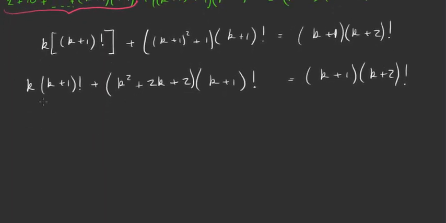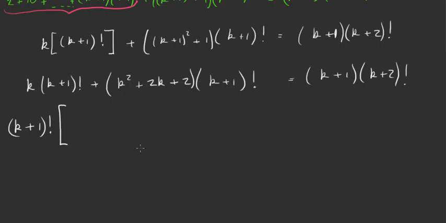Now, if you look at this term here and this big term here, we've got a (k plus 1) factorial here, we've got a (k plus 1) factorial here. So what I'm going to do is factorize the left-hand side using a common factor of (k plus 1) factorial. So in other words, I'm going to take this (k plus 1) factorial and divide this by it and this by it.